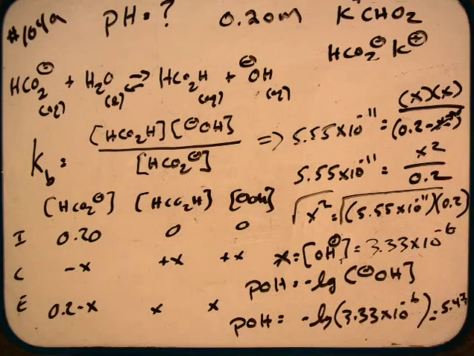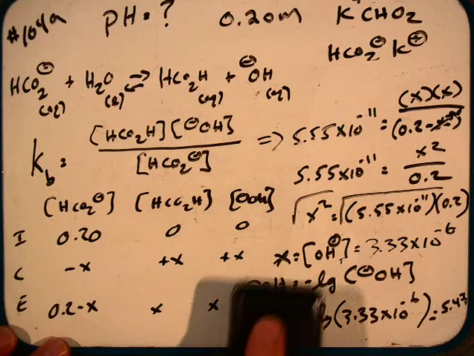Let's kind of start again here. So we actually figured out what x is using our ICE table to be 3.33 times 10 to the negative 6, and then we actually determined our pOH to be equal to 5.47.